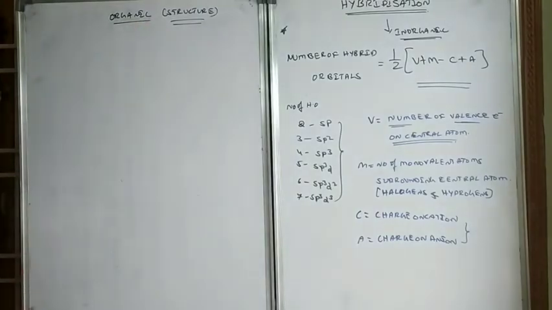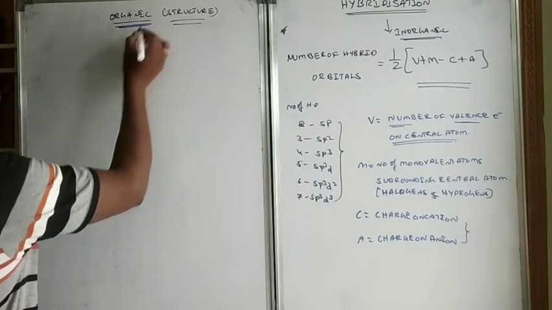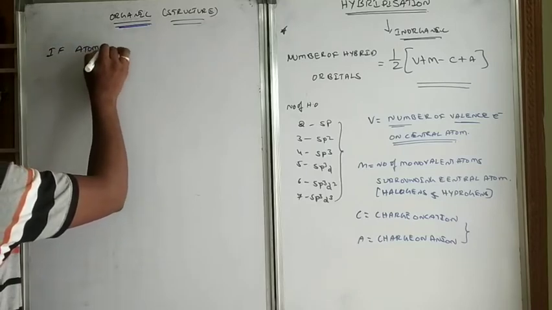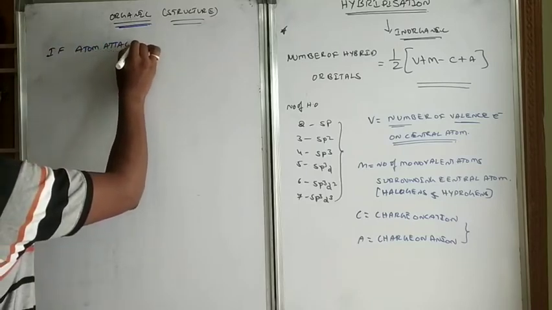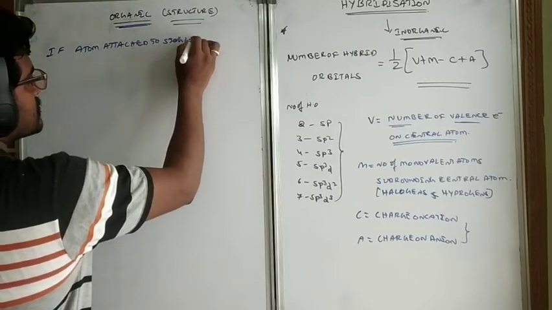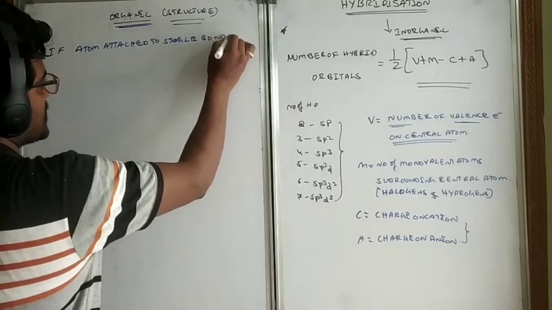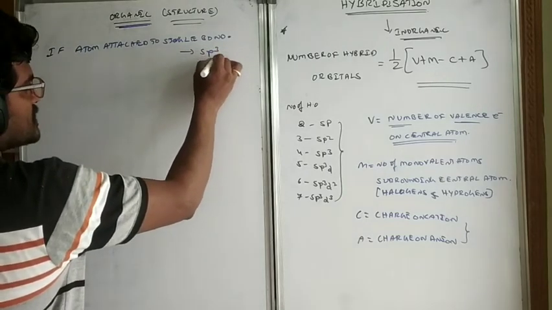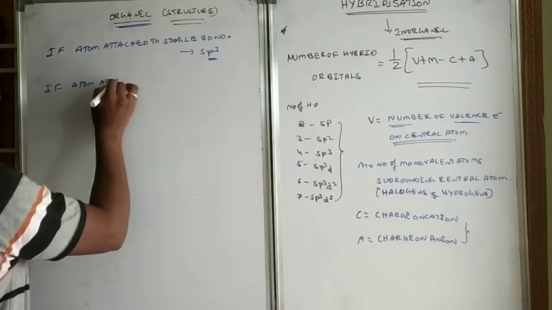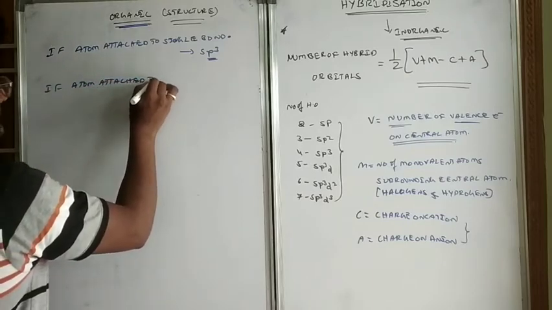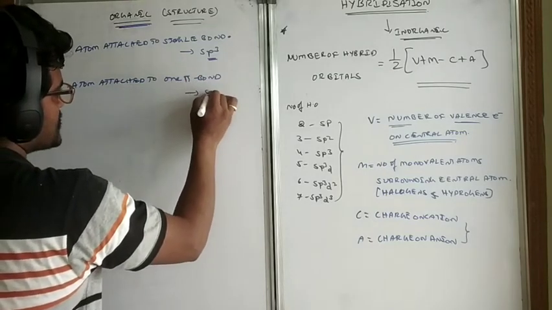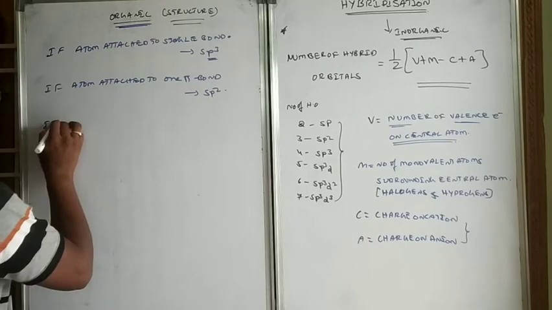Let us come to the organic case. If a carbon atom is attached through single bonds, the hybridization is sp3. If the atom is attached to 1 pi bond, the hybridization is sp2.